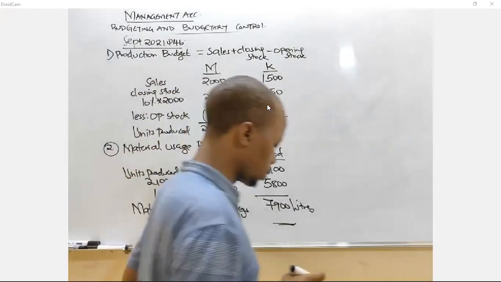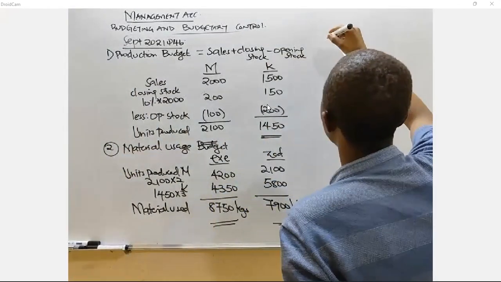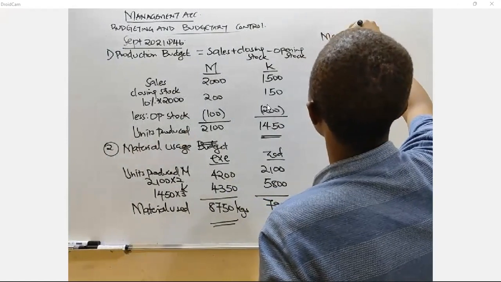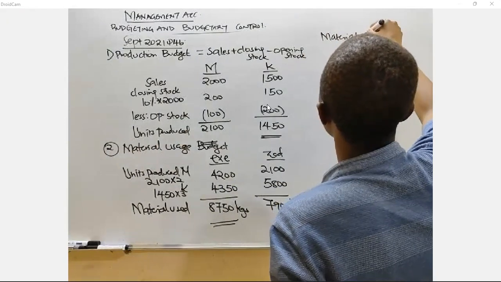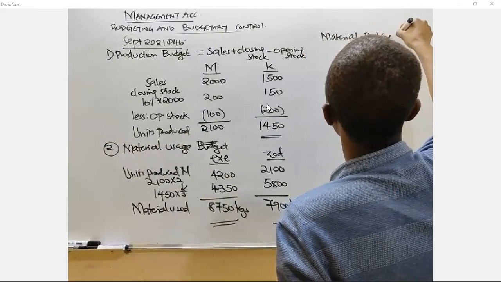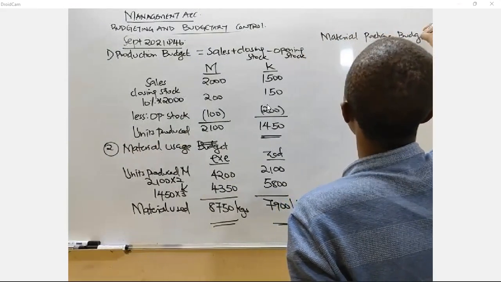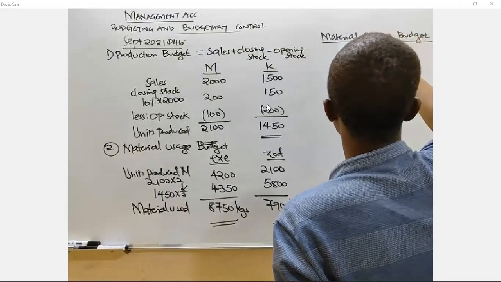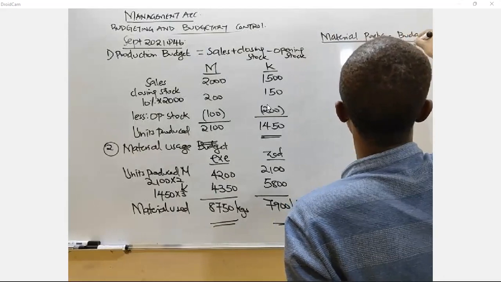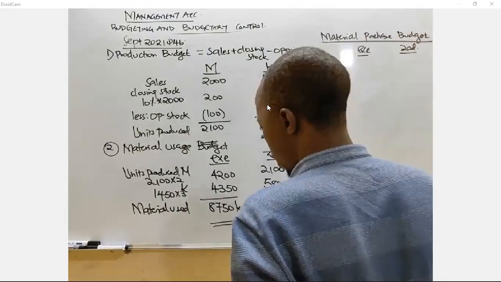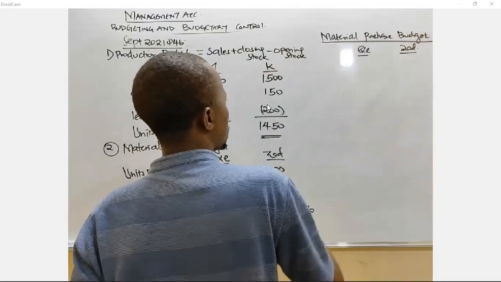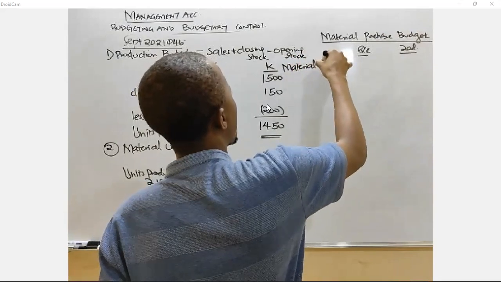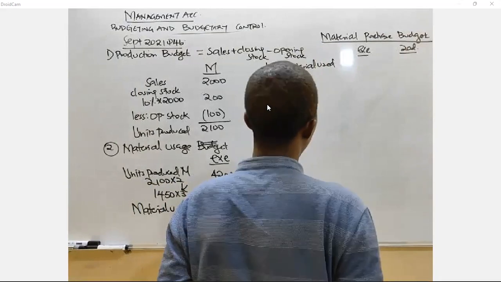Then you have the material purchase budget. We are going to be purchasing the components which we are using to make the units. So we are talking about X and Z. We are going to be taking the material used for both.